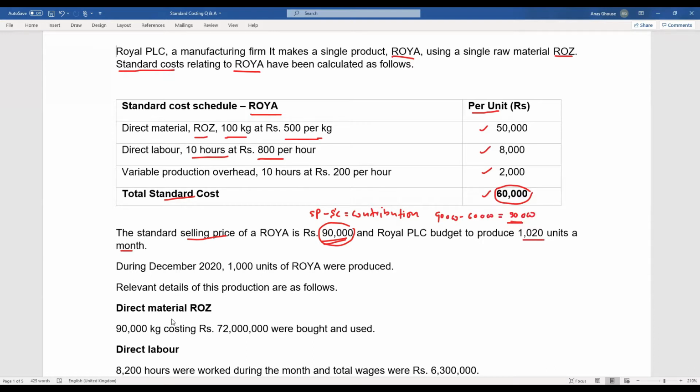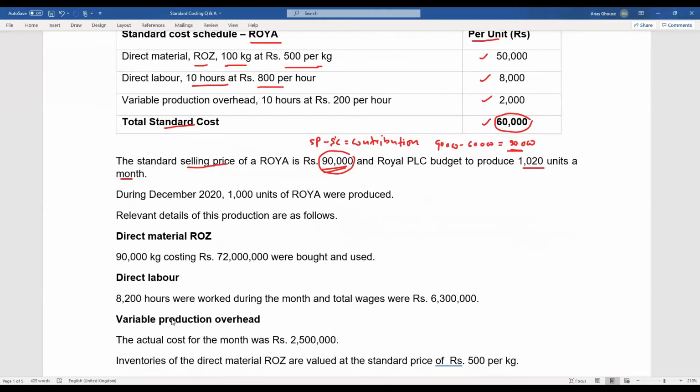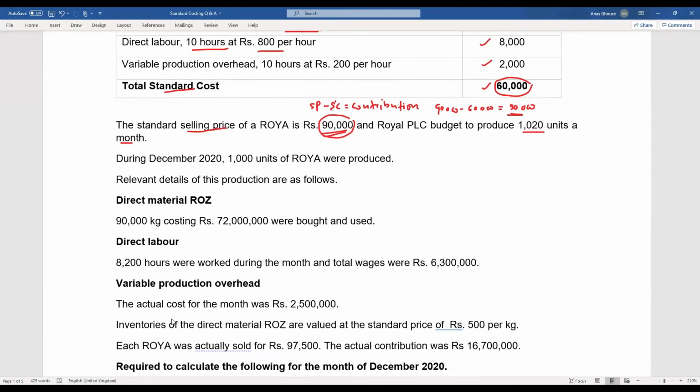Okay, so let's move on to the actual details now. During December 2020, 1,000 units of Roya were produced. So this is the actual production, whereas this is the budgeted production. Relevant details of this production are as follows.